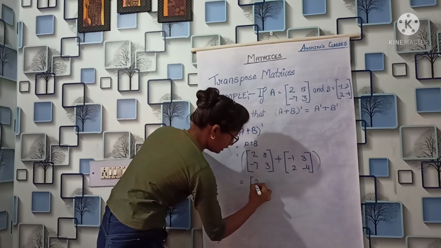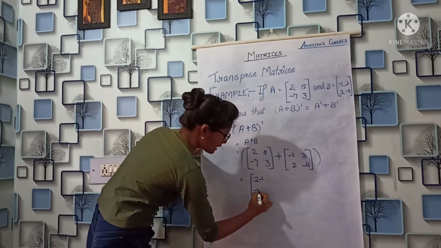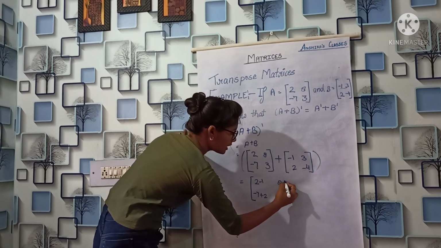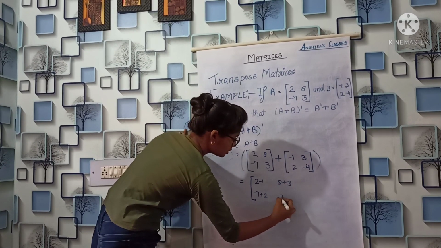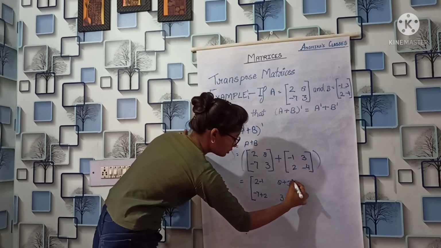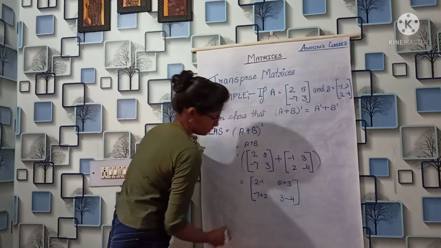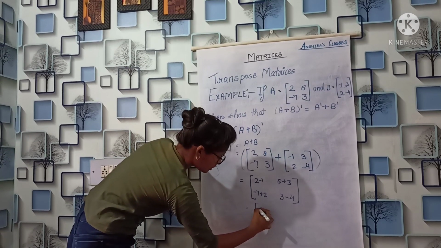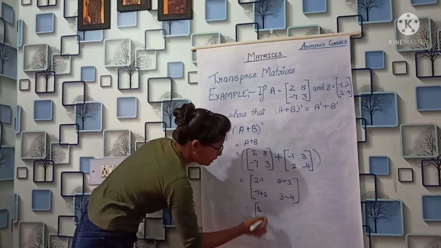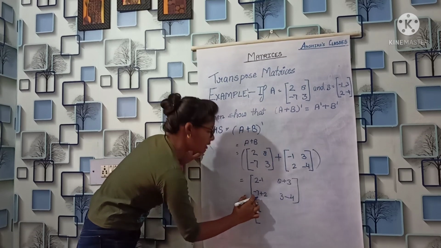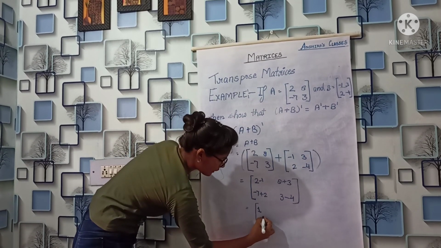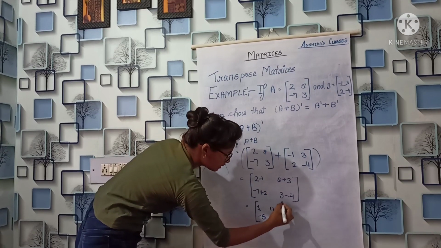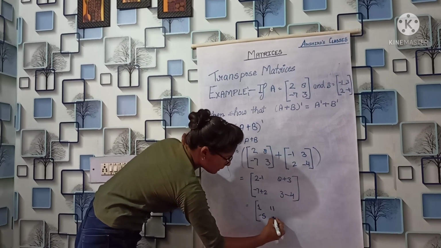2 minus 1, minus 7 plus 2, 8 plus 3, 3 minus 4, then 2 minus 1 is 1, minus 7 plus 2 is minus 5, 8 plus 3 is 11, 3 minus 4 is minus 1.